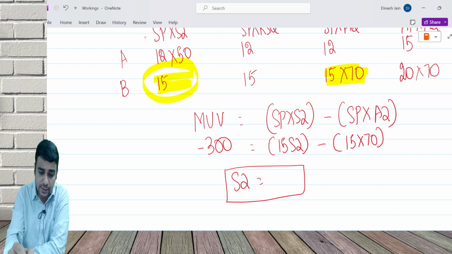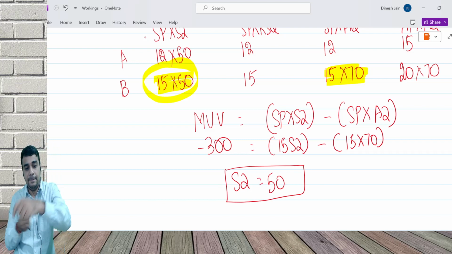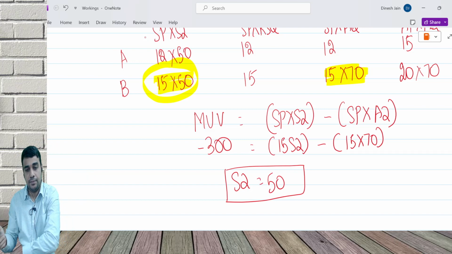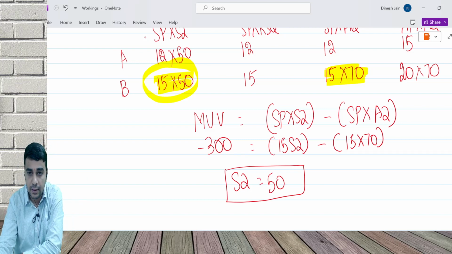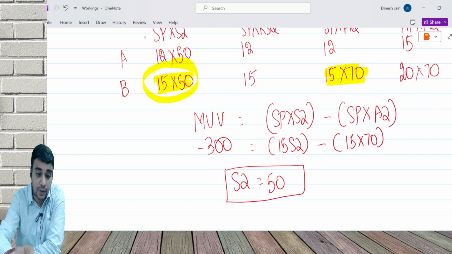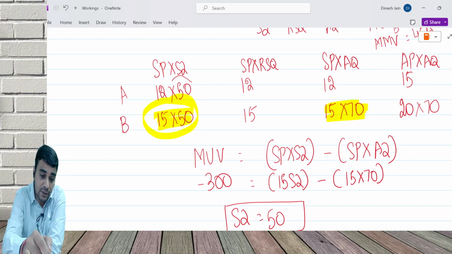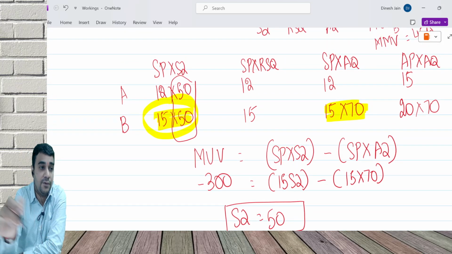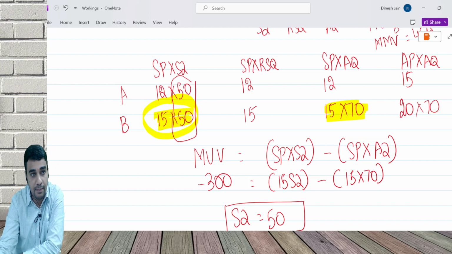Any doubts on this? 15 into 50. Clear? Now, this indirectly tells me one more thing. The mix between A and B is 1:1, or technically 50-50. Any doubts till this?